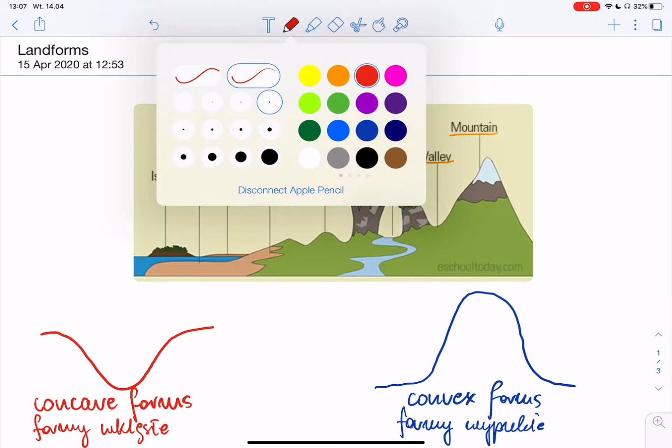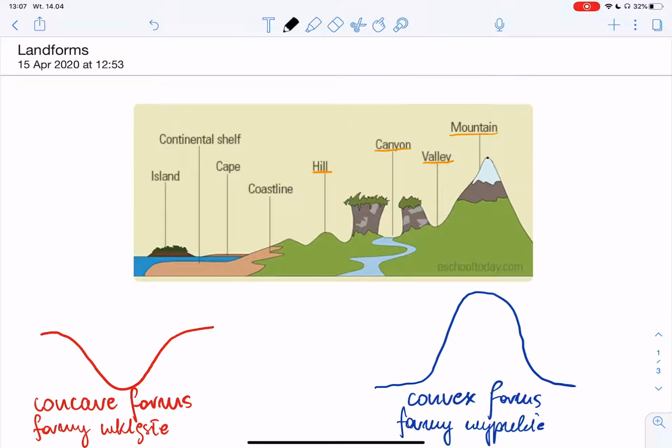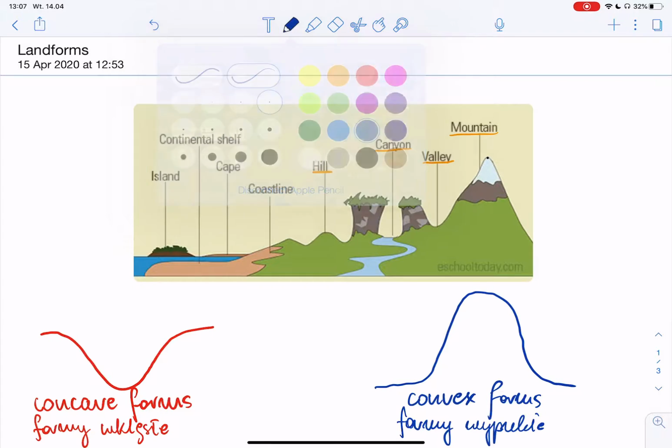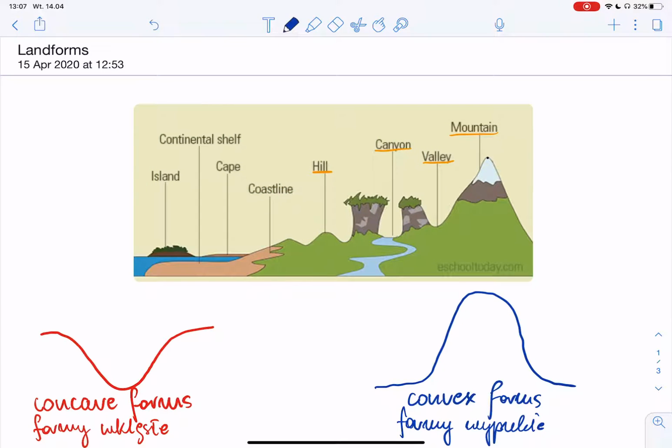The top of the mountain, which is the highest point, is much higher than the surrounding area. That means that the mountain is undoubtedly a convex form because it just goes upwards. So when you are standing at the base of the mountain, you have to look upwards to see the top.